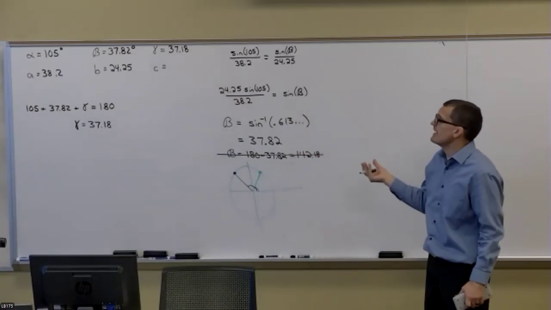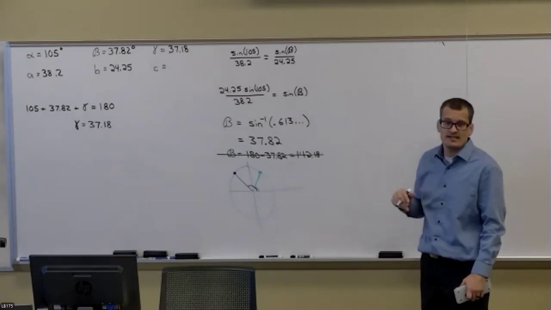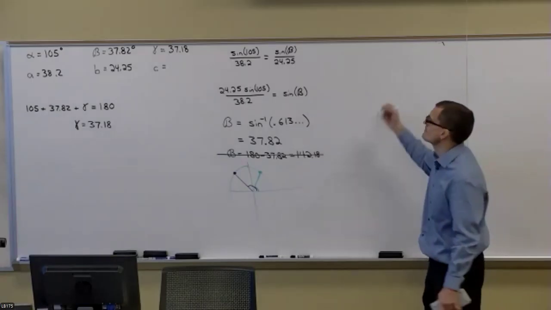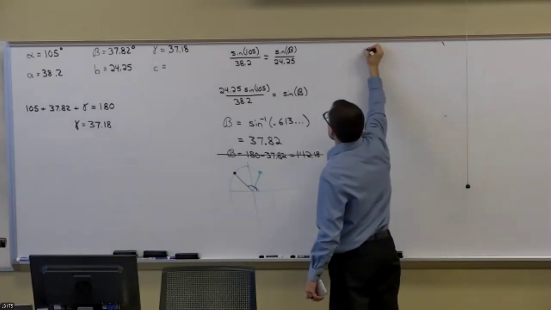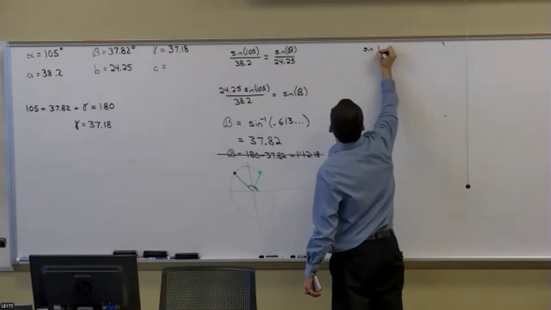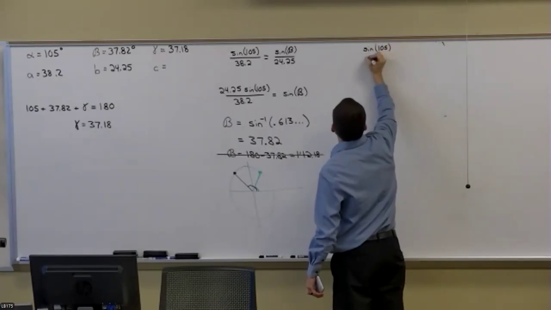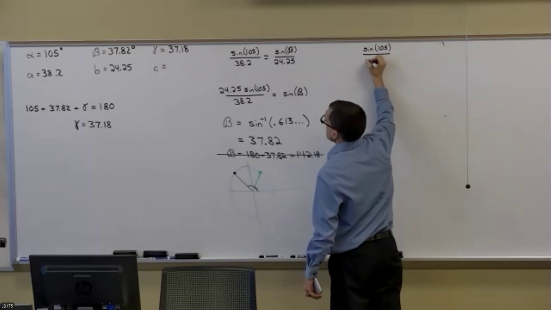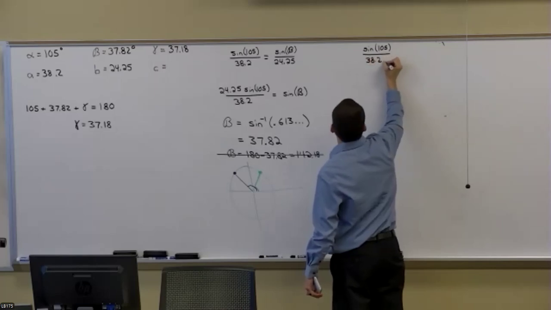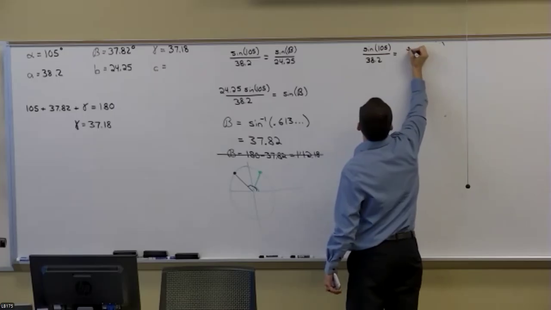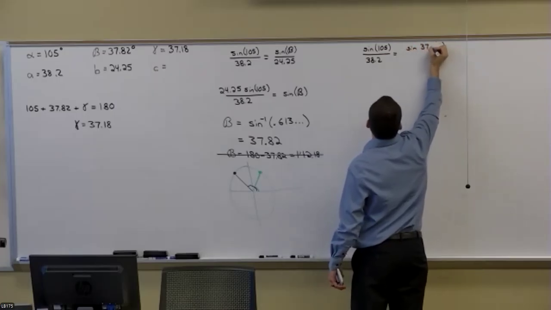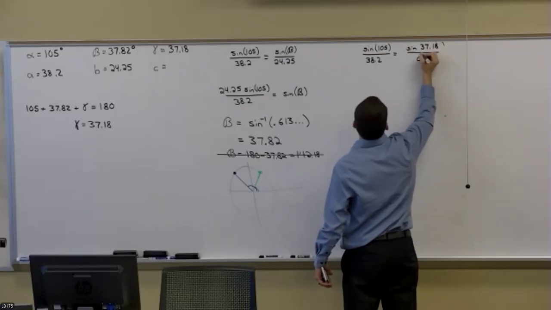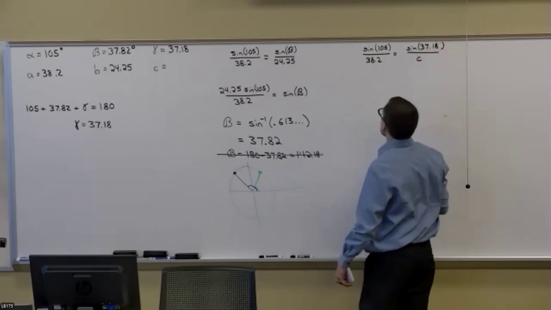But now that I have gamma, now I can find the C using law of sines as well. Again, I like to use the given as much as I can. Sine of 105 divided by 38.2 is equal to sine of 37.18 divided by the unknown value of C that I don't have.